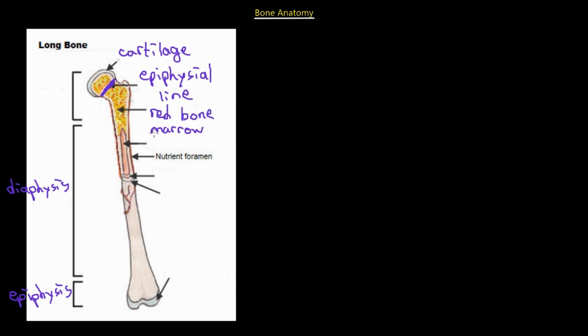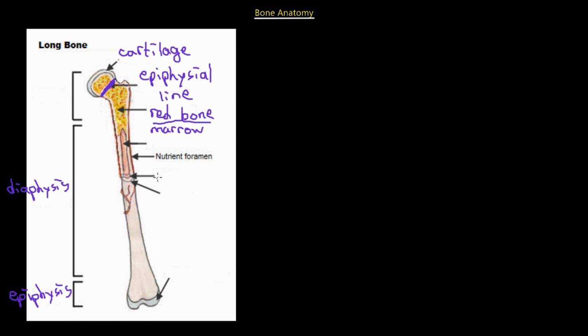In the red bone marrow, it's extremely important to know that its function is to produce red blood cells, platelets, and white blood cells, because that is where the stem cells are formed, and that is where the stem cells are going to be used to create a variety of other blood cells.